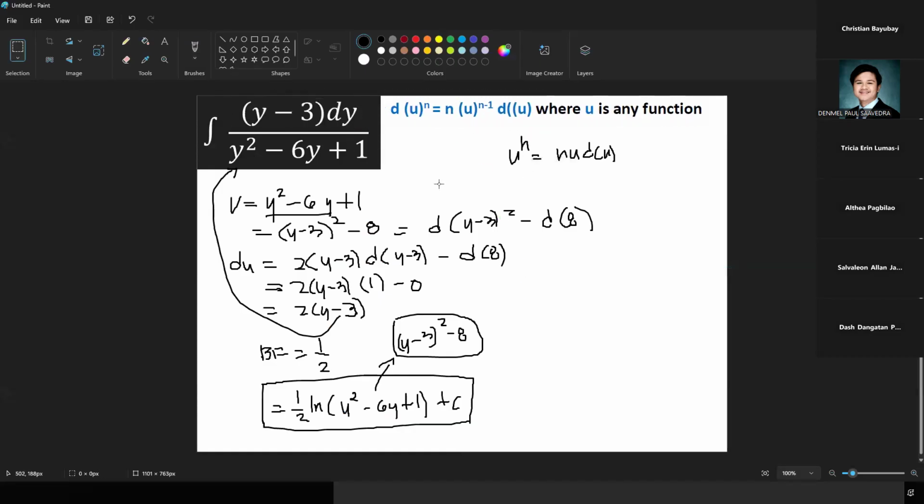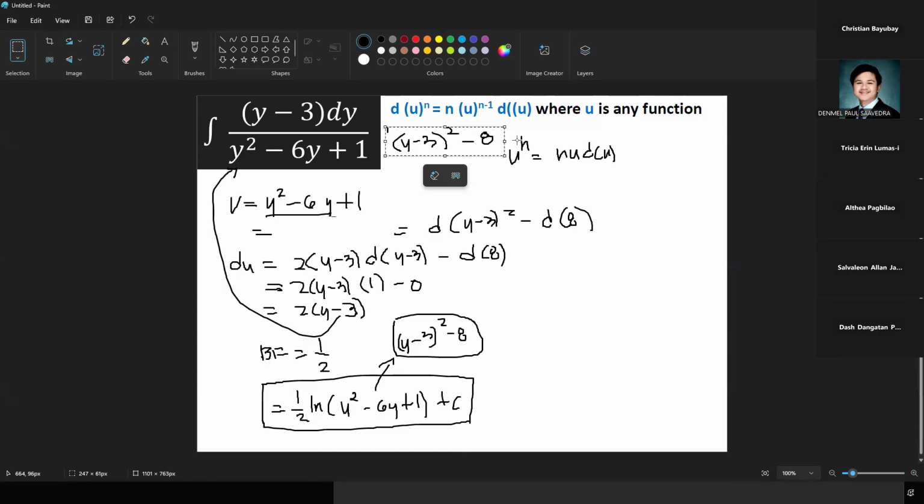Notice that this is our u, this is our n, and this is just an exponent. You can just derive that one via a constant.